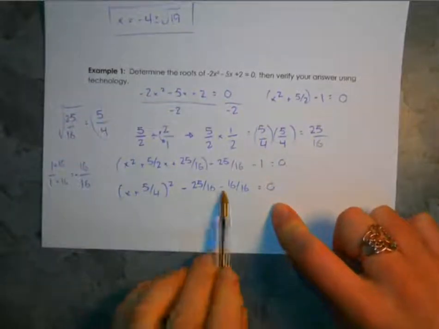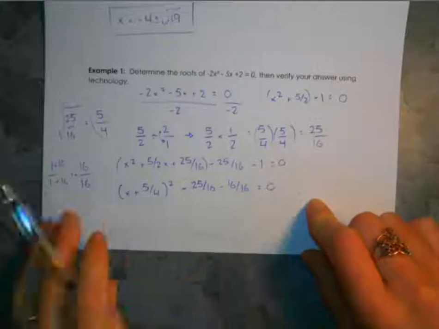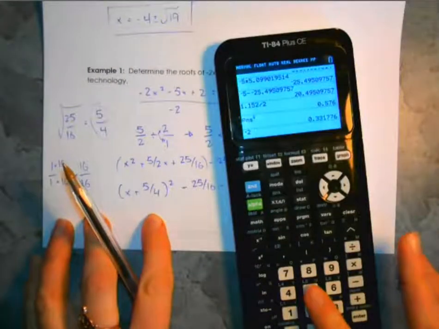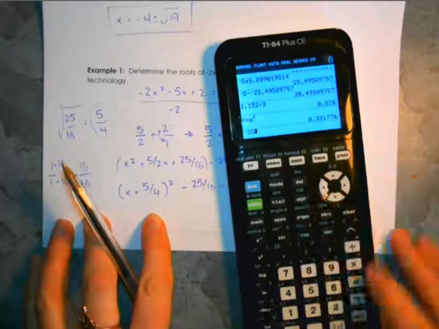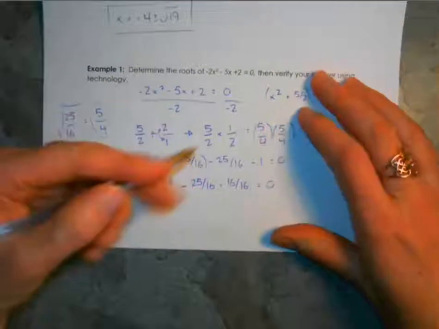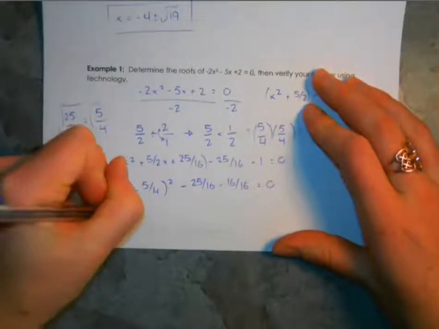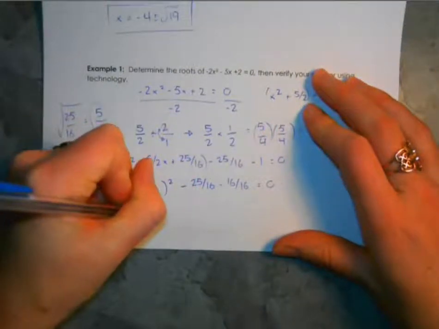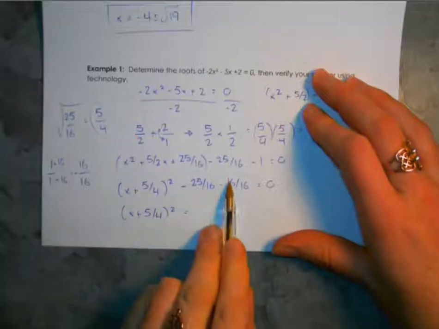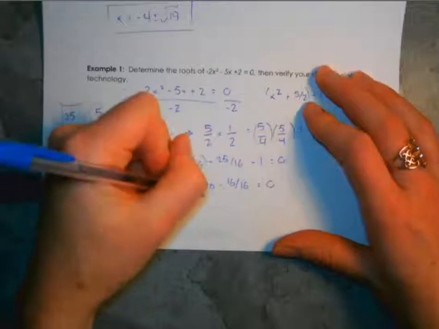Now we want to start moving these values across to the other side. So you're going to want to put into your calculator negative 25 minus 16, which gives us negative 41. So we're going to have x plus 5 over 4 squared is equal to negative 25 minus 16, which gave us negative 41.